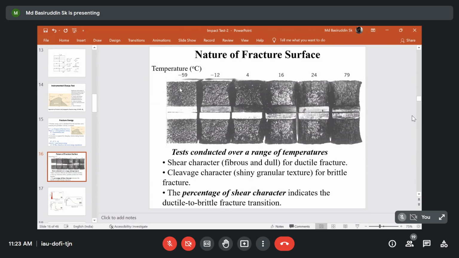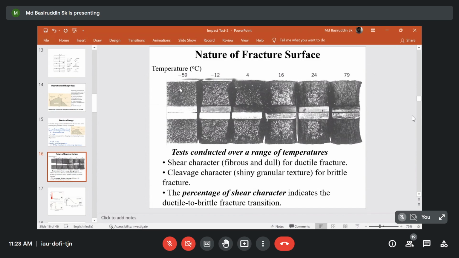If you think of the tensile curve, you will find that in the elastic region the strain is very, very low, but in the plastic region the strain is significant, and depending on the amount of strain, the geometry will also vary. If you are doing the tensile test and your material fails under the elastic region, then the gauge cross section will remain as it is.